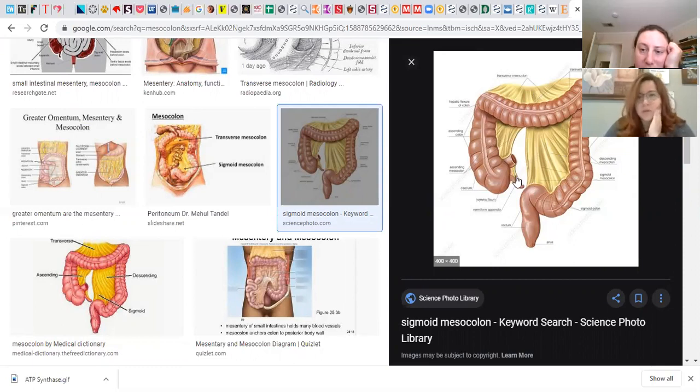And there's even this little mesoappendix right here, connecting the appendix to the cecum and the ileum. It's just this stuff isn't going to show up well if you're looking at somebody sitting there. So that's why that's the only part we have labeled.